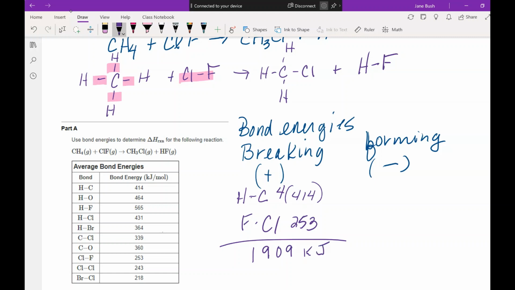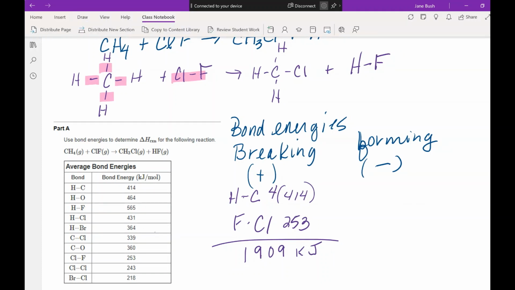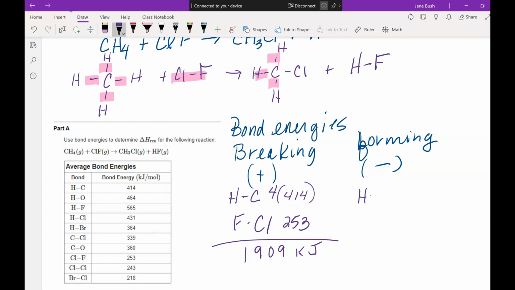Okay? Now, the bonds are going to form. What bonds are we going to have that are forming? We have 3 C-H bonds again, right? So we have C-H, only this time we have 3 instead of 4.